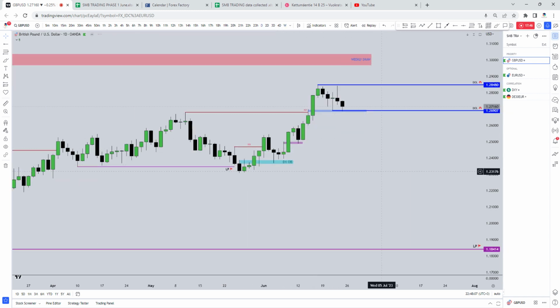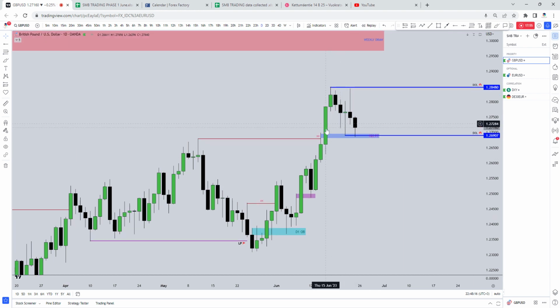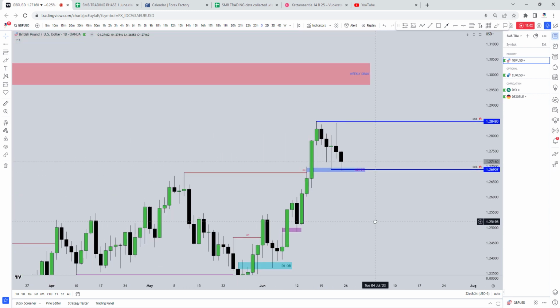Now on the daily, I'm sorry, beg your pardon, we are currently in this fair value gap right here. We are inside this fair value gap between this candle and this, that is fair value gap. We have a break in structure. So what I still believe is that this is a retracement before we continue to the upside.